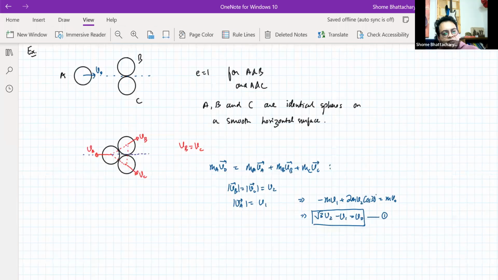So this is coming from conservation of momentum. And E is equal to 1 for AB or AC, whichever you apply it to. So velocity of separation should be equal to velocity of approach.